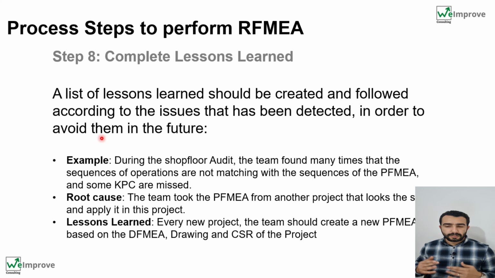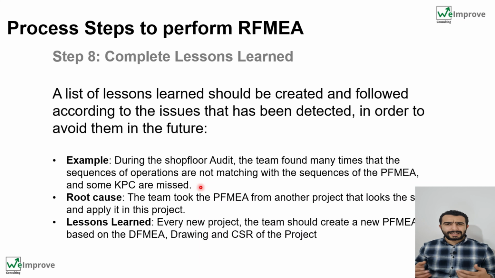A list of lessons learned should be created and followed according to the issues that have been detected, in order to avoid them in the future. I will give you a short example. Imagine that during the shop floor audit, the team found many times that the sequences of operations do not match the sequences of the PFMEA, and some key product characteristics are missing.